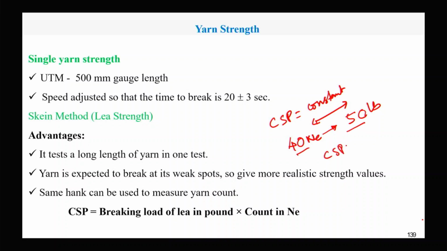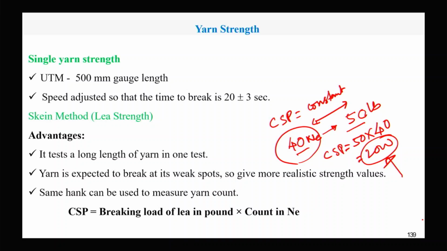So CSP will become 50 into 40, so around 2000. 2000 is the value which represents the variety of cotton to spin say 40 any count. So for a particular variety of cotton, if we spin 40 count, it will result CSP 2000.